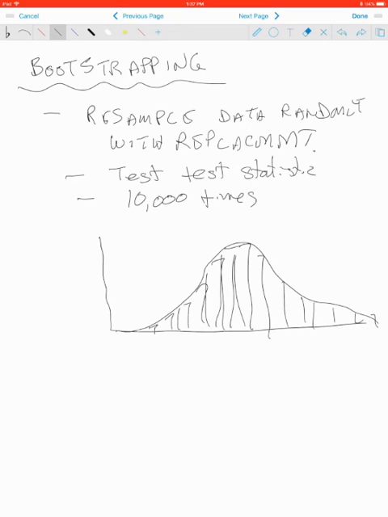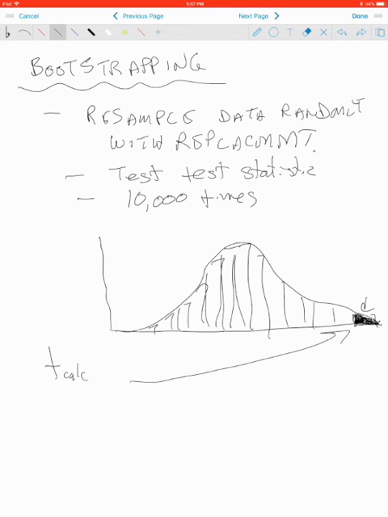Then I can take the real data, the data I have, calculate the test statistic, the t-calc, and see where it falls in this distribution. If it fell over here, I can calculate this probability here, or the proportion of random samples that are as big or larger than that.